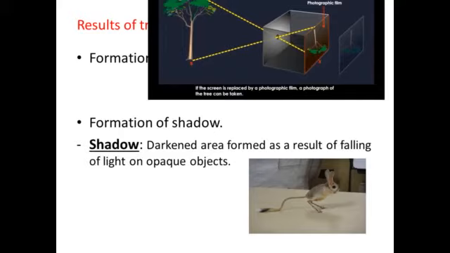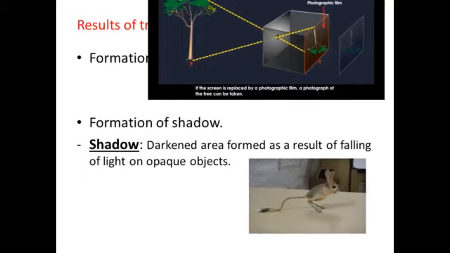The next result of the traveling of light in straight lines is the formation of shadow. As we can observe in the following figure, which represents a jerboa, there is a darkened area which represents the shadow of the jerboa.